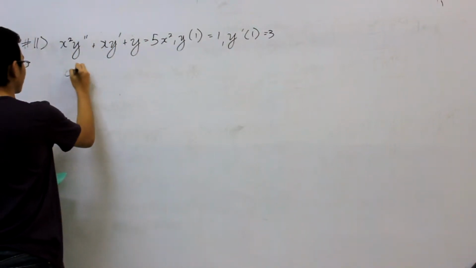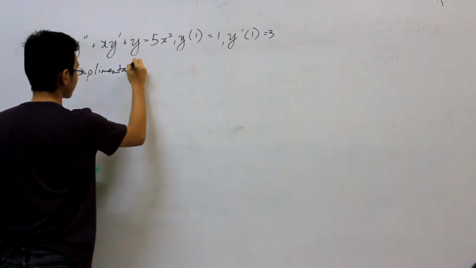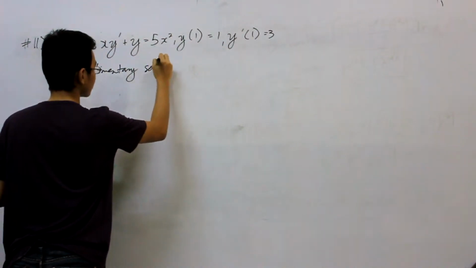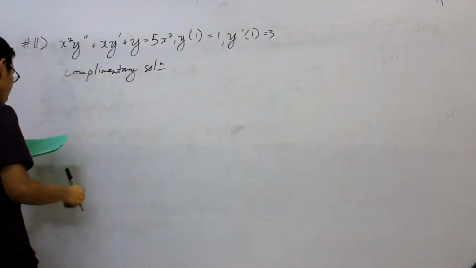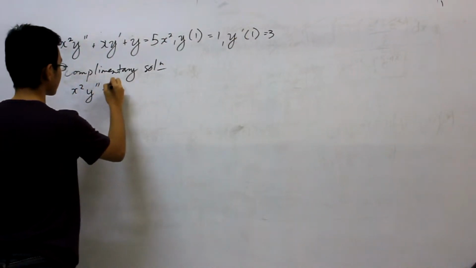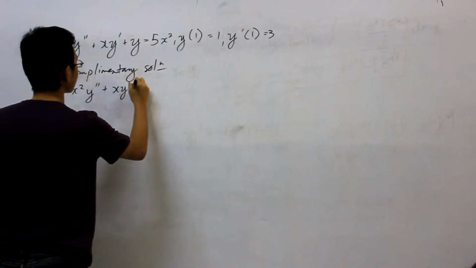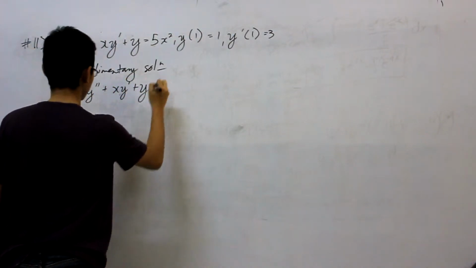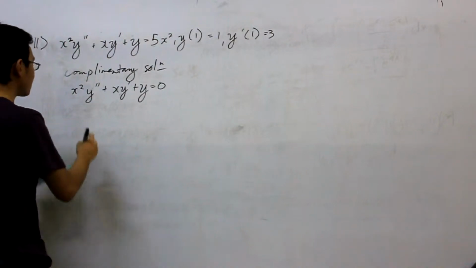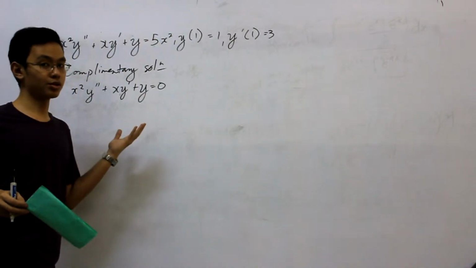So here, the complementary solution. We have x squared y double prime plus xy prime plus y is equal to 0. As you can see, this is a linear Cauchy equation. We can solve this using linear Cauchy.